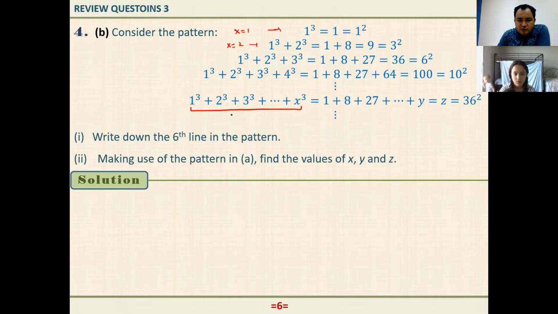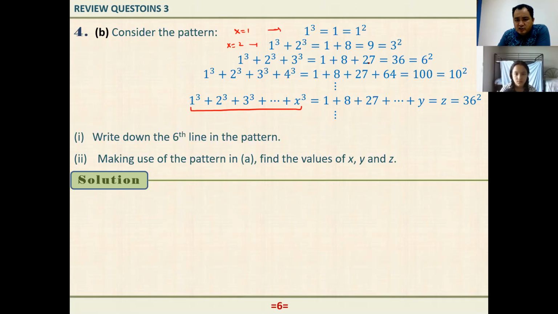How about if x equals 3? It means we are talking about the first three numbers: 1 cube plus 2 cube plus 3 cube. 1 cubed is 1, 2 cubed equals 8, 3 cubed means 3 times 3 times 3, that is 27. If you add this, 1 plus 8 is 9, 9 plus 27 is 36.